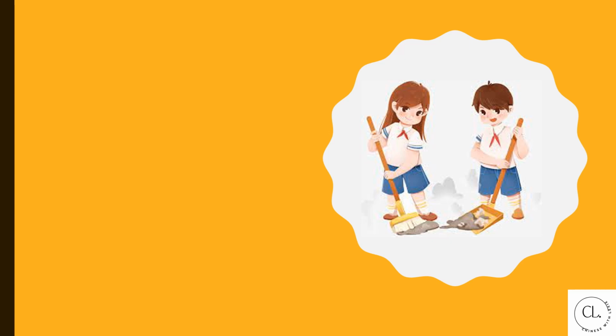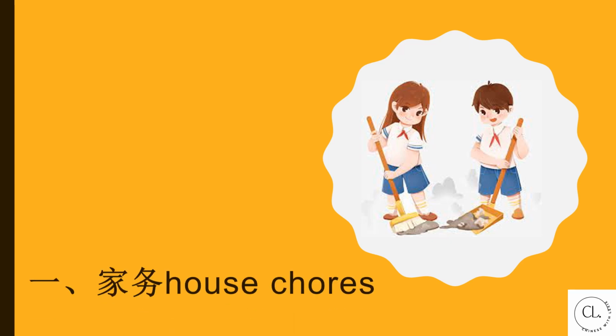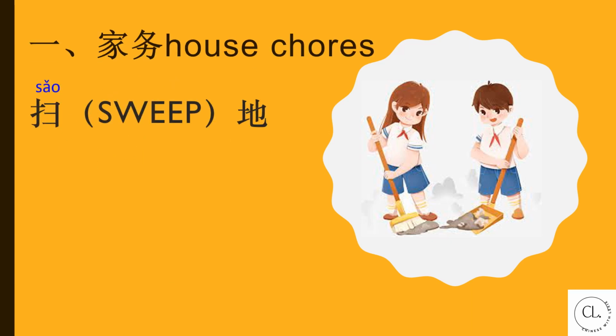The boy and girl, they are sweeping the floor. In English, you say sweep the floor, right? So in Chinese, this verb is 扫地, 扫地, 扫 the third tone, 扫地.